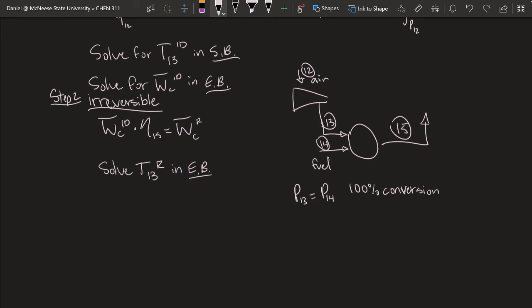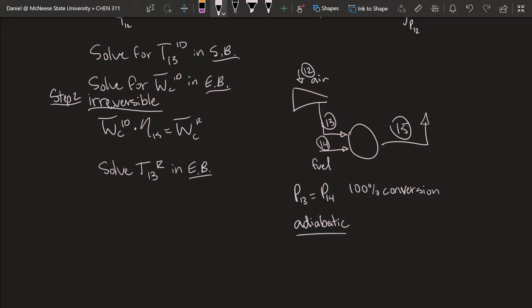What are we saying? Again, across the combustion chamber, we're saying that Q is zero, this is adiabatic. We're going to assume that it's adiabatic. And you've already done this. You've literally already done the math for this, or at least I think most of y'all have.